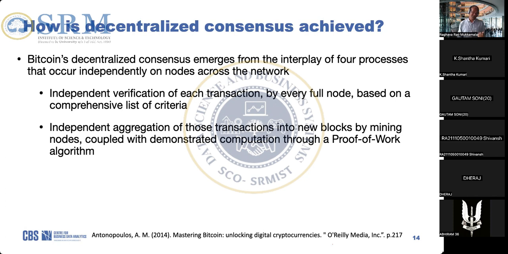And this happens because every node will collect all the unspent transactions, and then based on a set of rules, they will verify the transactions and add these unspent transactions to the valid transactions which need to be put into the block, right? Nodes might have different sets of transactions because the transactions are transmitted through the network.